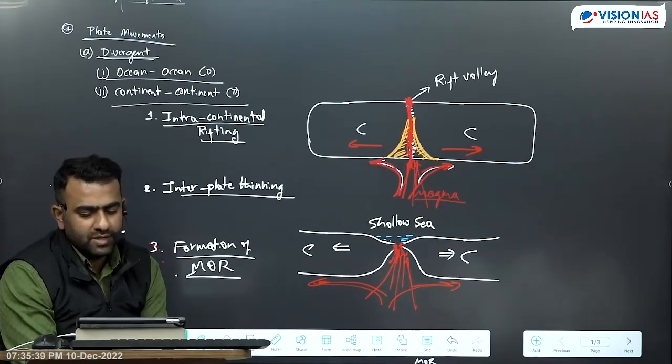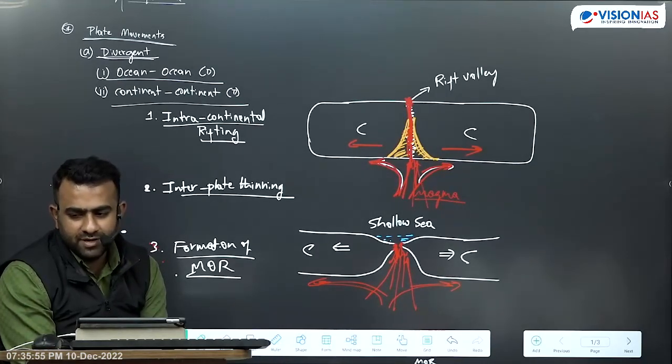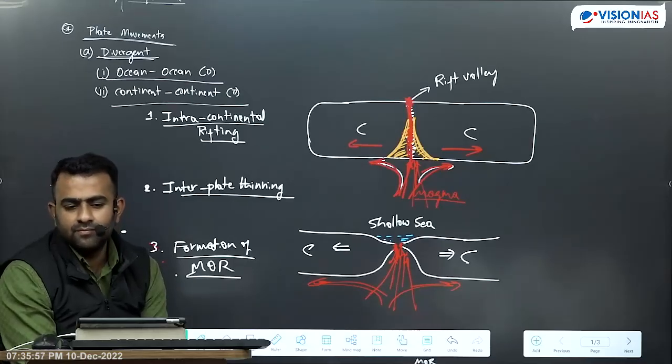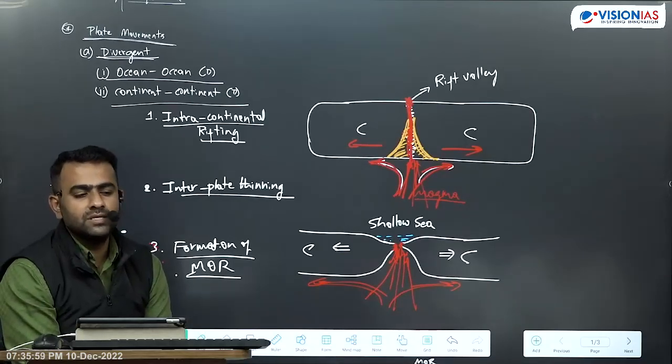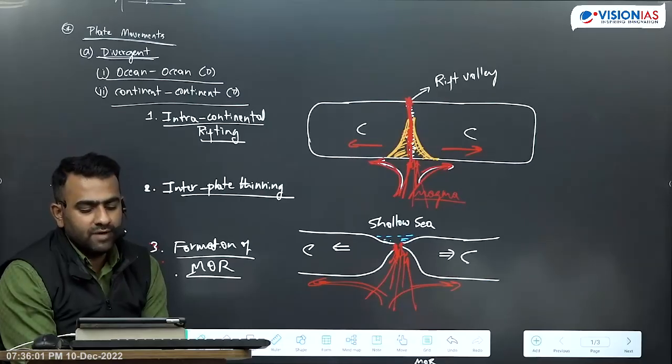Next point. Such a series of faults is called as rift valley. Next point.